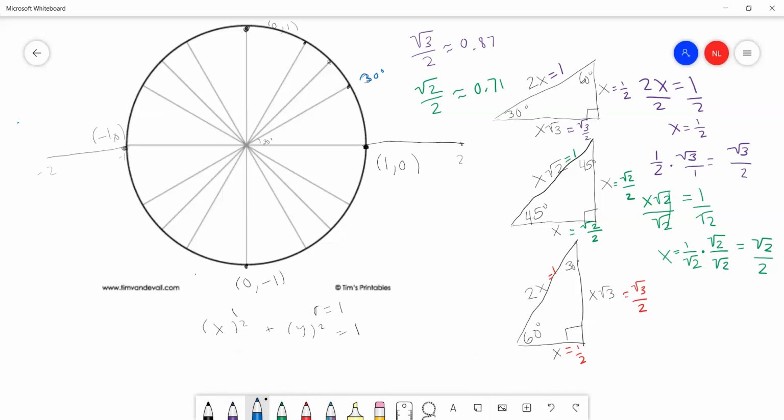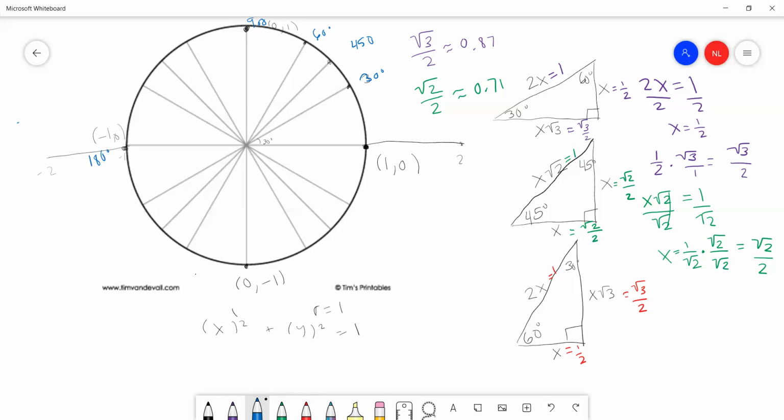If we were to go up a little bit more, this is 45 degrees. This is going to be 60 degrees, 90 degrees. If we were to go all the way over here, we would have 180 degrees.